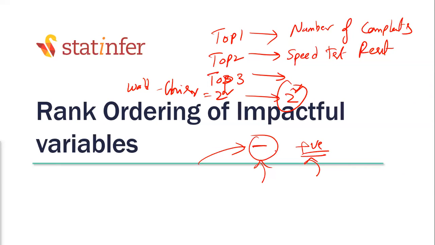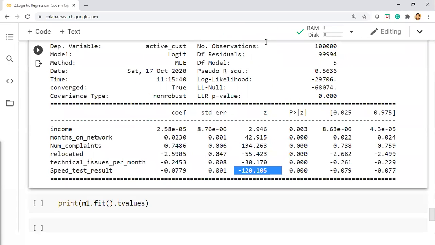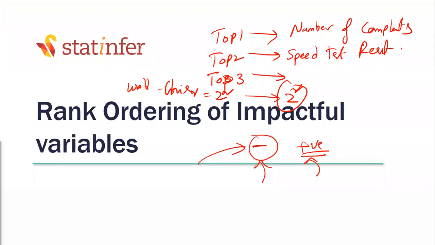Whether a variable is negatively impacting or positively impacting, it is none of our business. Whether it is having top impact or not, high impact or not. Maybe high negative impact is also high impact only, like high positive impact. Yes or no? Got it? So be careful. So your next variable is speed test result, which is the second most important variable.